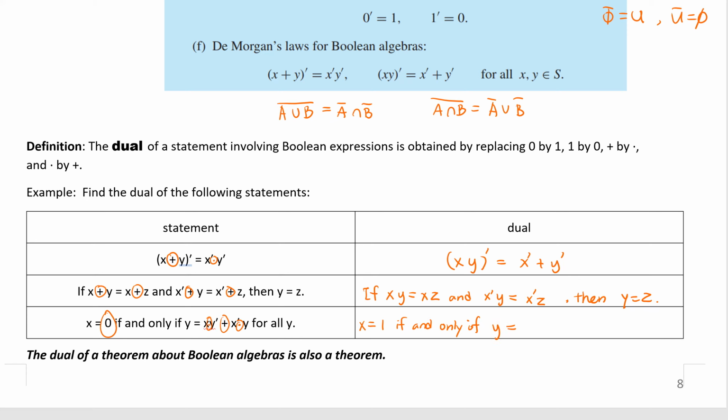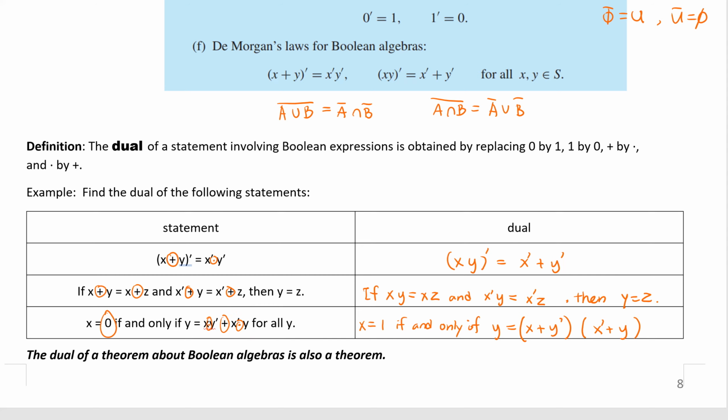y equals x. It was times, now it becomes plus, but you have to be careful because there are parentheses between them. You calculate these first, and then we add. Your order must be preserved. Then the plus becomes multiply, and then here x prime plus y.